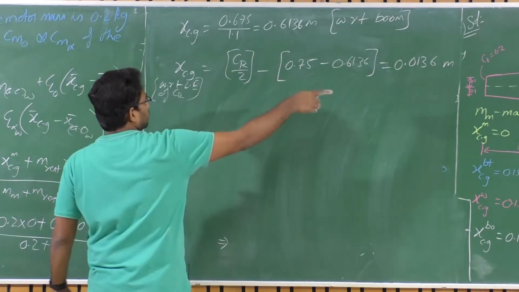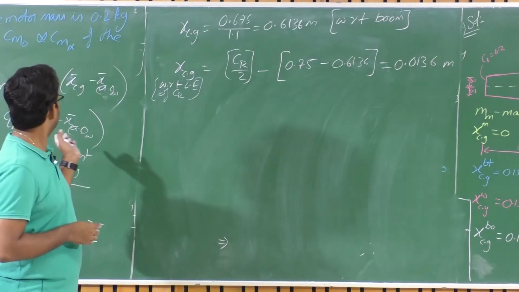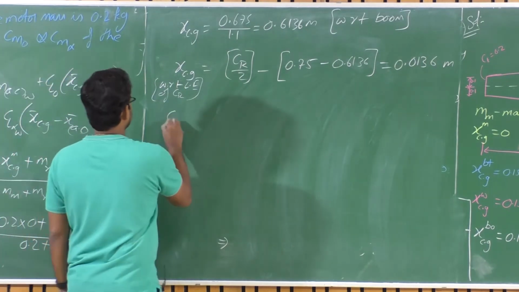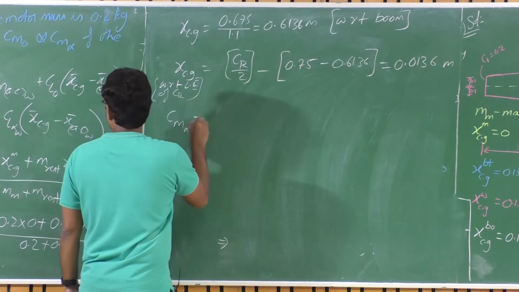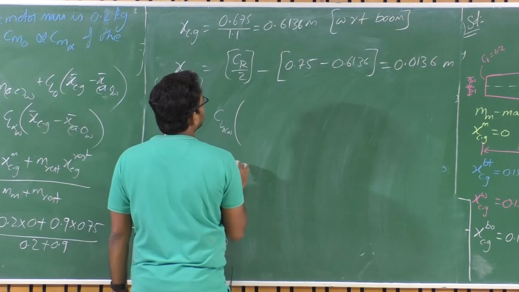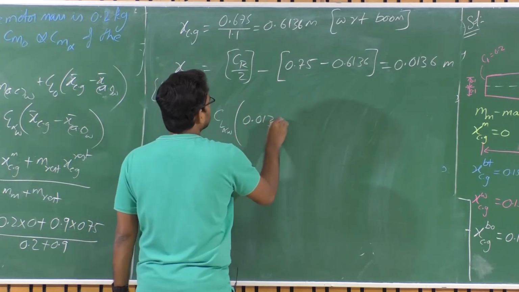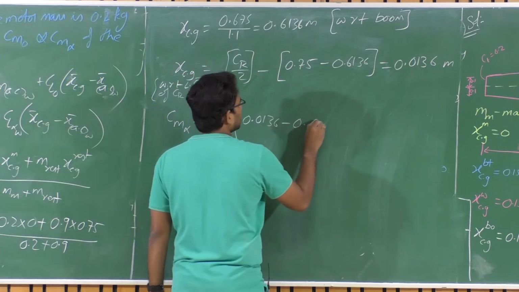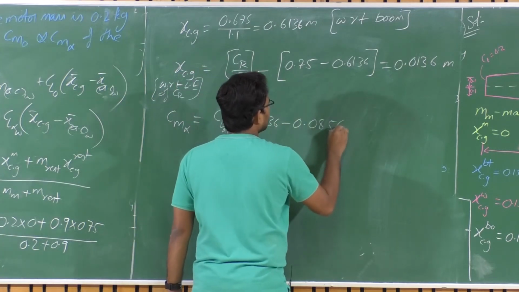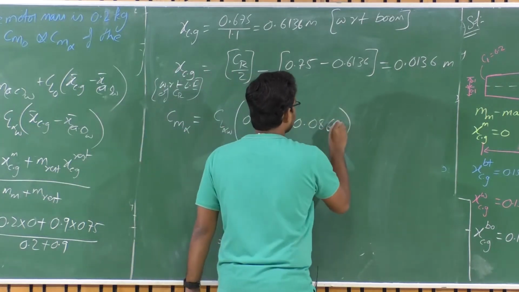So with a motor of 200 grams, what will be the corresponding Cm naught and Cm alpha of this configuration? That's what we are calculating right now. So Cm alpha is CL alpha of the wing times x bar CG, which is 0.0136 with respect to the leading edge of the root chord, minus x bar AC, 0.0865 meters.